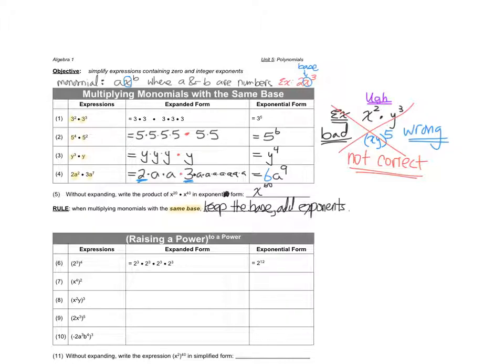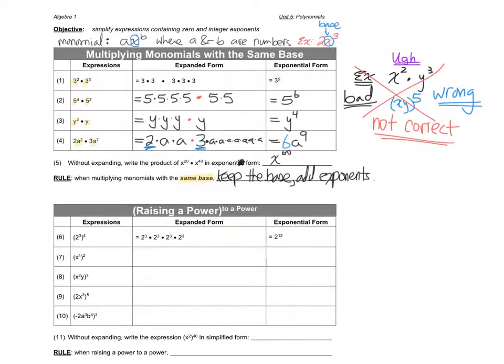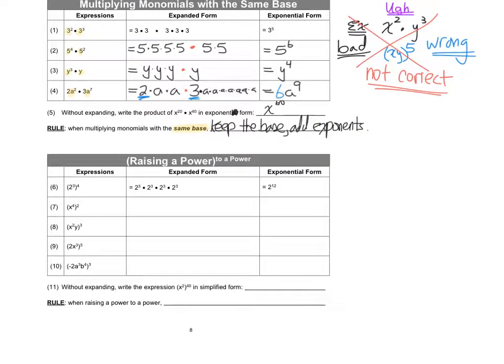Now, raising a power to a power. If I'm taking 2 to the third and raising it to the fourth, that's the same as saying I'm taking 2 to the third, multiplying it by itself a total of 4 times.